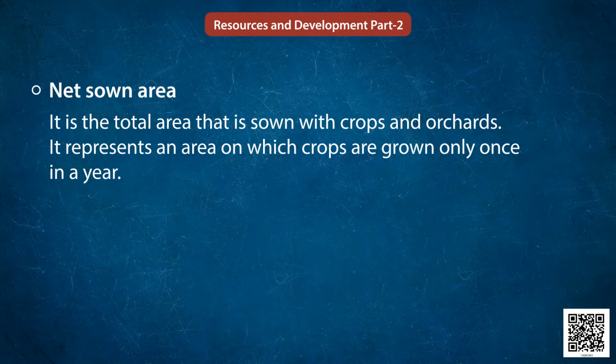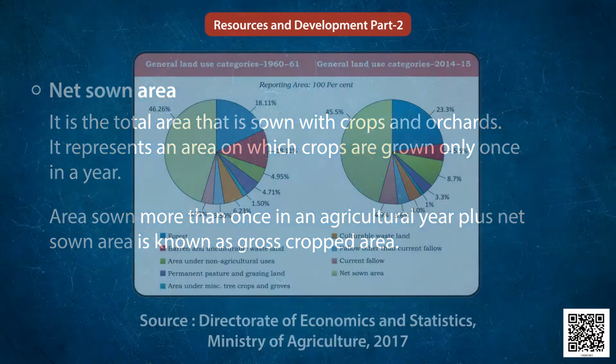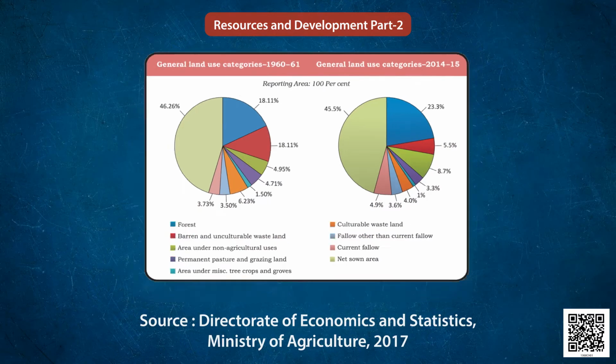And if we add to the net sown area the area sown more than once in an agricultural year, it is called gross cropped area. Looking at these pie charts, you have to answer the following questions.